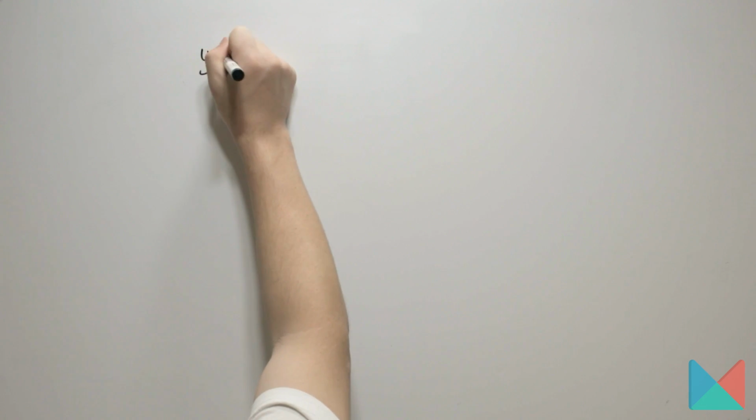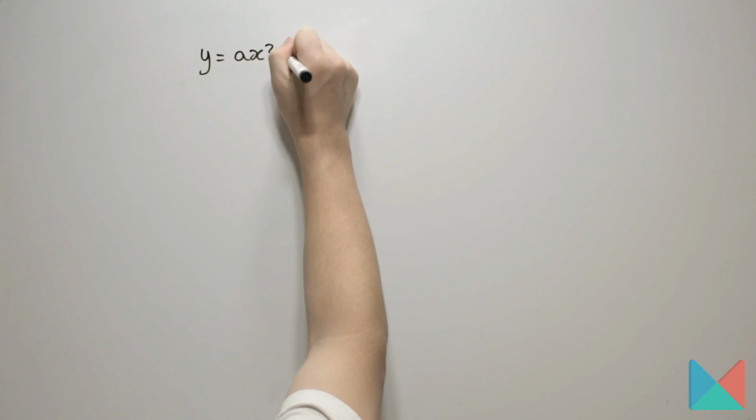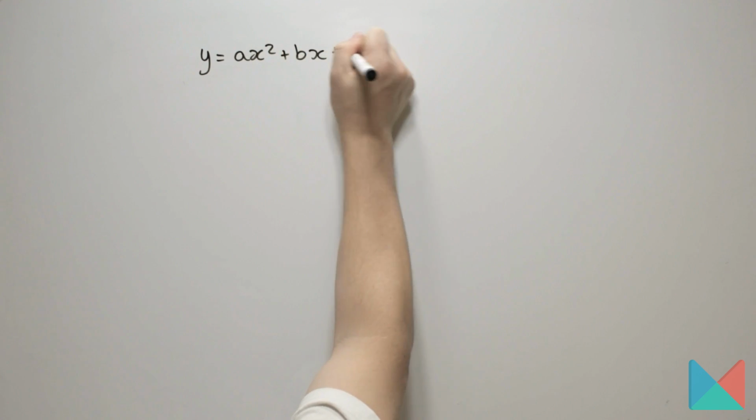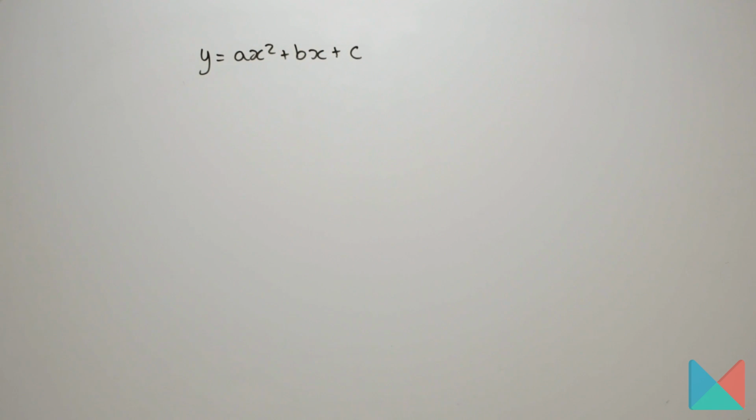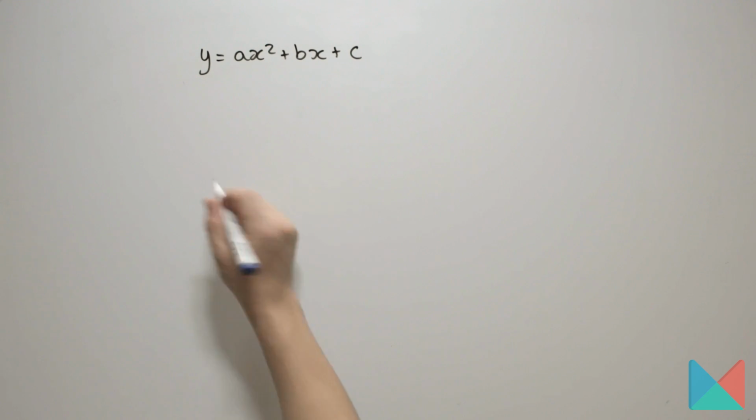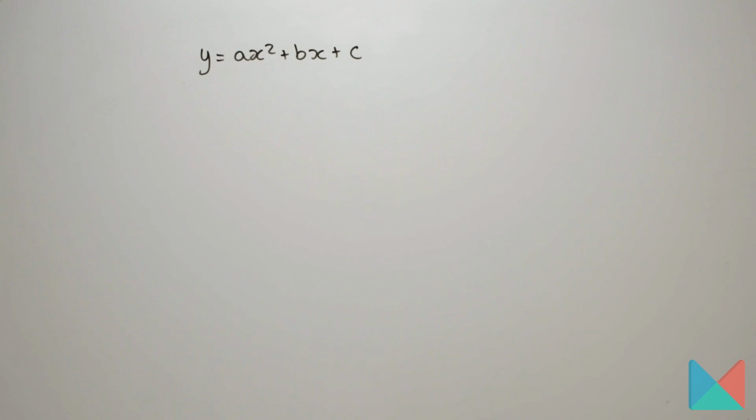So now consider the general case, y equals ax squared plus bx plus c. And we want to convert this general form into the turning point form by completing the square. And so starting with our coefficient in front of the x squared, we need to convert this into 1. So we're going to divide both sides of the equation by a.